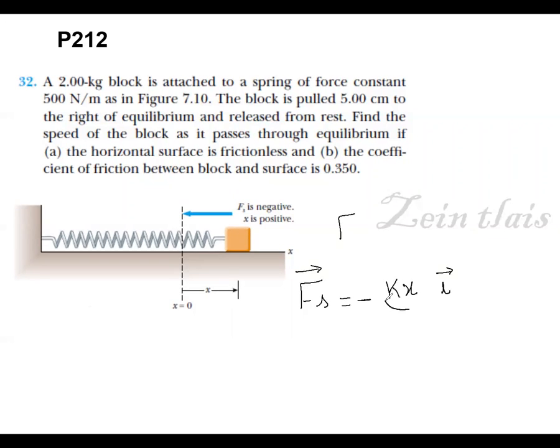So kx is the magnitude of Fs, and minus i is the direction of Fs.